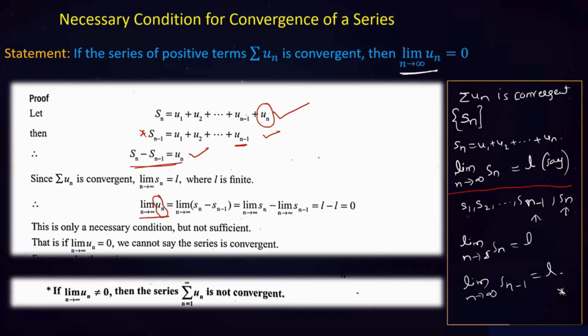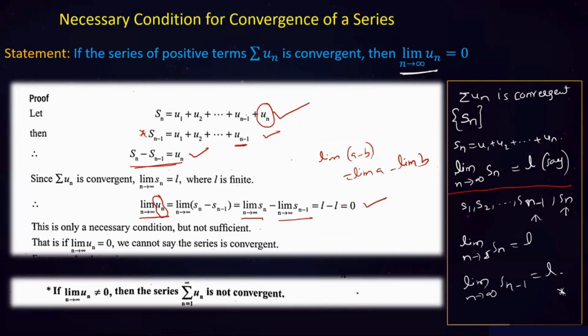As we know, when you take a limit, limit of a minus b can be written as limit a minus limit b. Taking this idea, I'm writing it as limit n tends to infinity Sn minus limit n tends to infinity Sn minus 1. As we just understood, both the limits are the same. If you replace the limits by their values, L minus L, you will get directly 0.